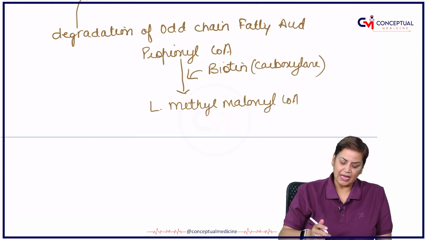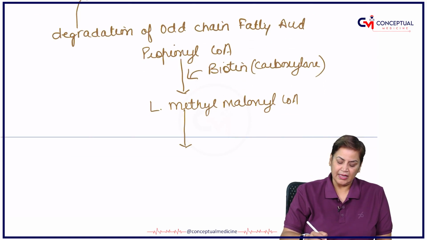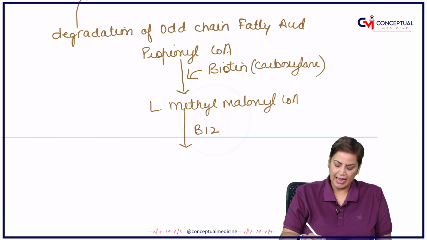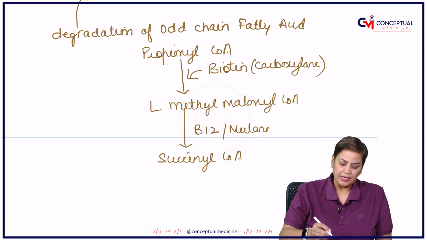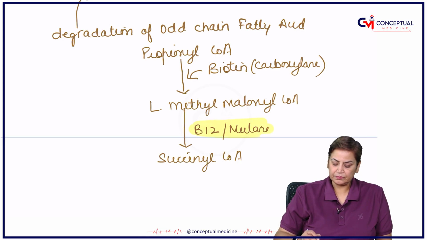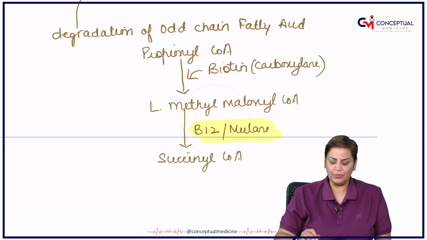Then this L-methylmalonyl-CoA, in the presence of B12 and mutase, is converted into succinyl coenzyme A. So the main reaction is this, in the presence of B12, and the enzyme is mutase.